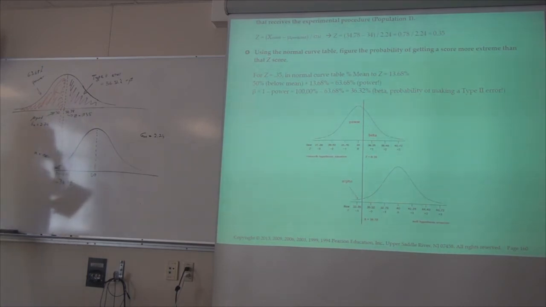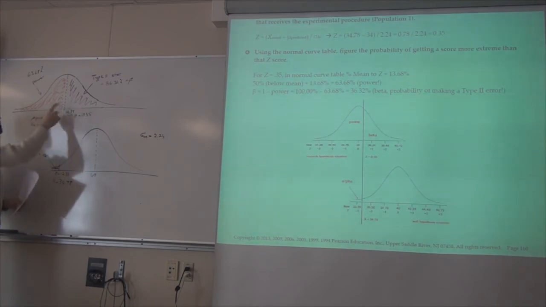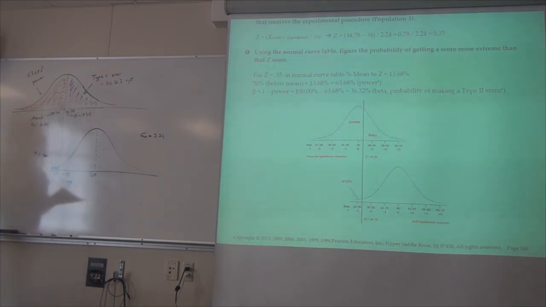Any questions on the idea or the steps? I'm looking at if the research hypothesis is true, and this shift occurred, what is the probability that I'm still making the wrong decision? And what is the probability that I'm making the right decision? So I want this to be at least 80%.